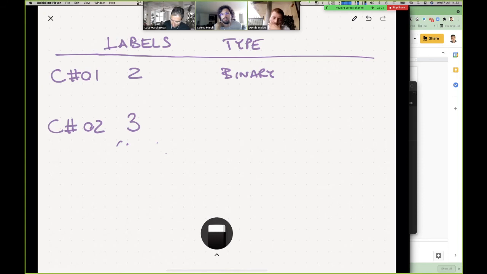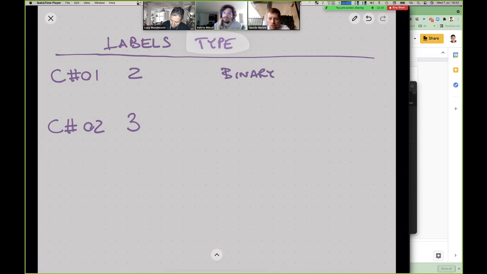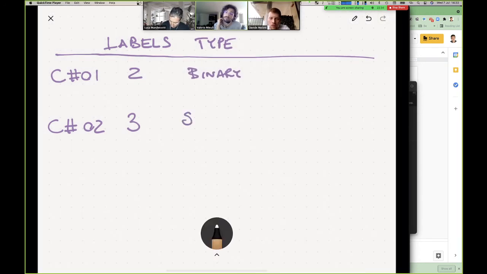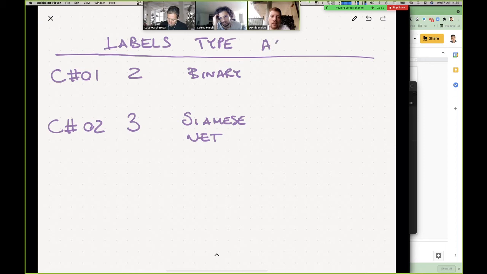And here, what kind of classifier are you training? What is the type? It's a Siamese network. You give two different images as input, and the network has to recognize if they belong to the same team or not. So is this deep or not? It's a two-stream convolutional neural network.